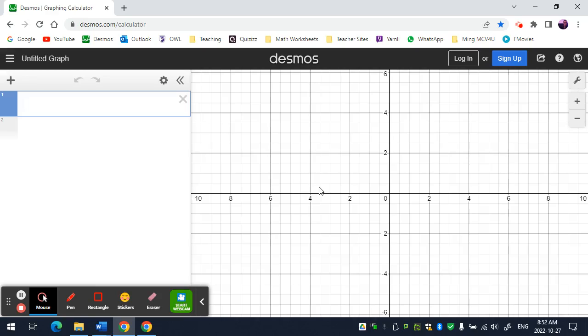Noor, give me any positive number you want. Has to be positive. 10? Sure, 10, no problem. So Noor gave us 10. By the way, when you do things in Desmos, you do not have to write y of x. You can just write y. It understands that the input is whatever appears on the other side, which is going to be an x. So y equals.